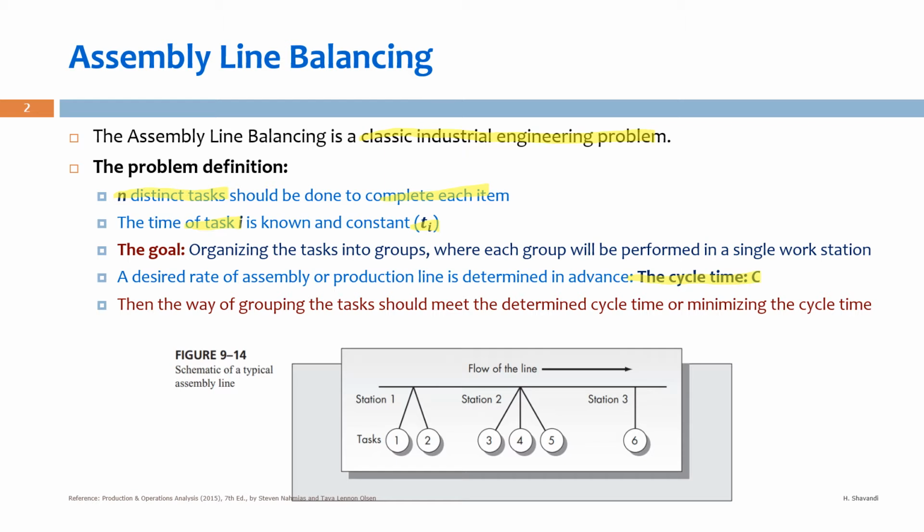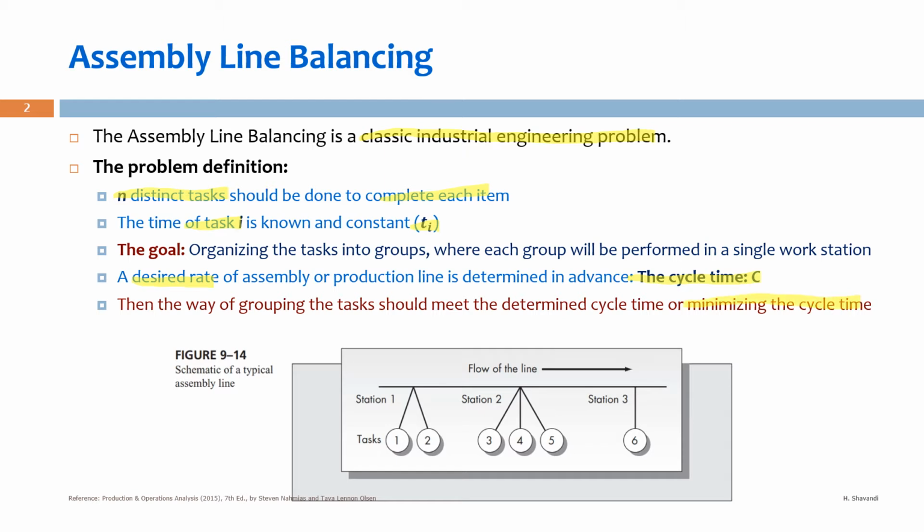So if a desired rate has been obtained in advance, we need to do the line balancing in order to have that defined cycle time. But if we don't, then we will do the line balancing in order to minimize the cycle time.